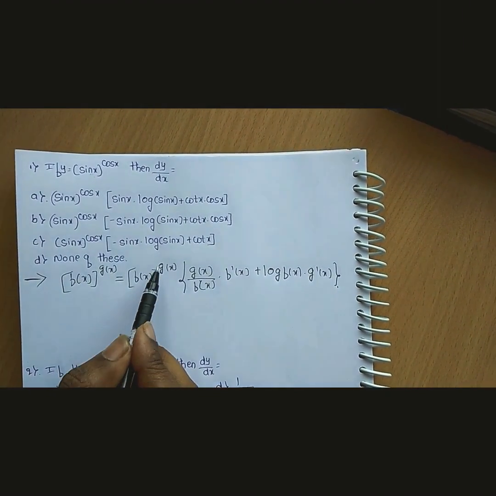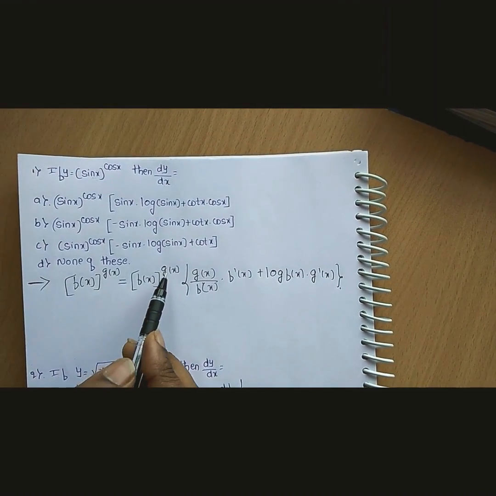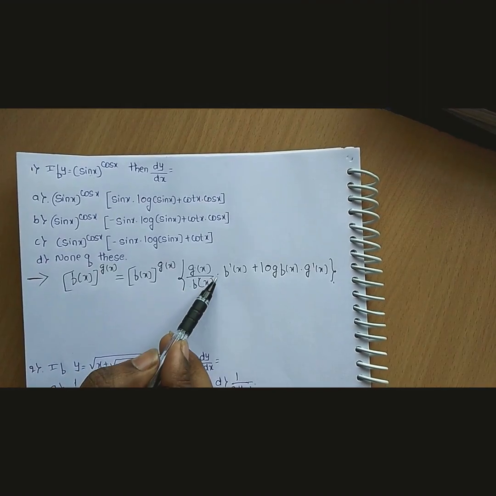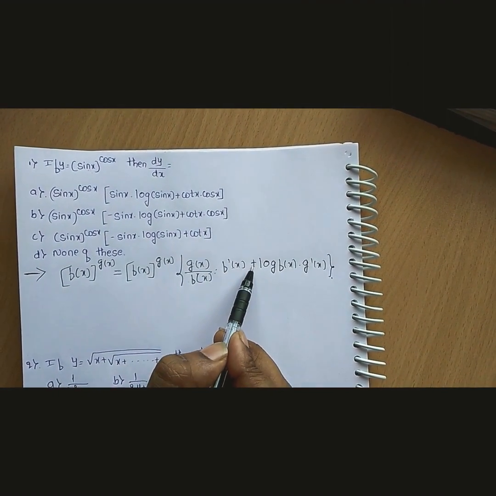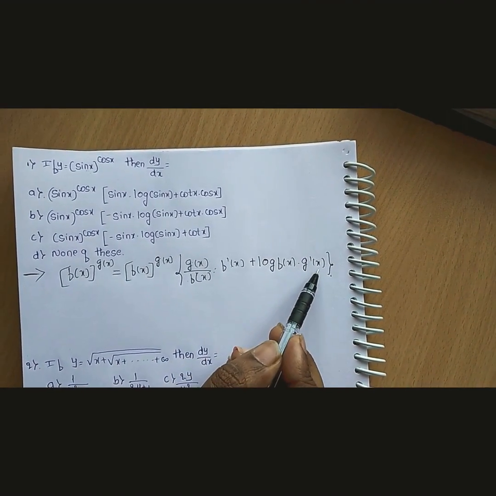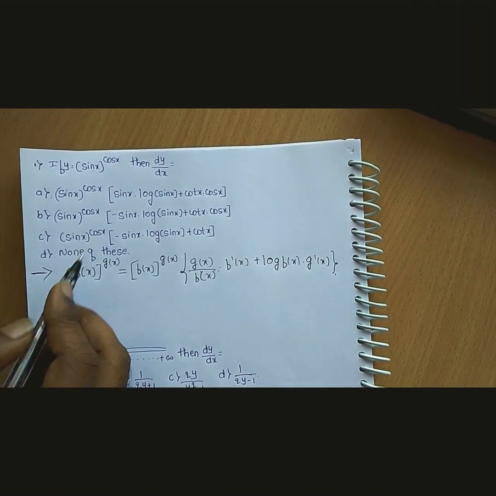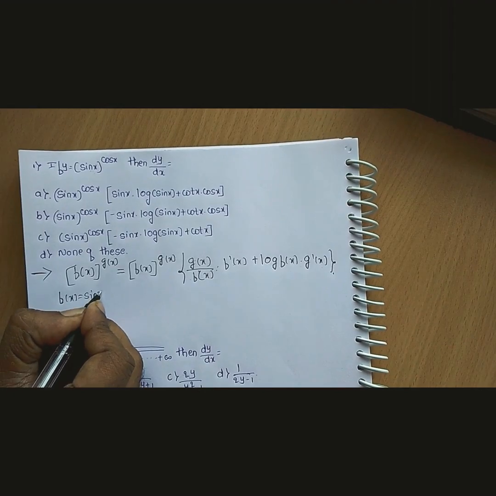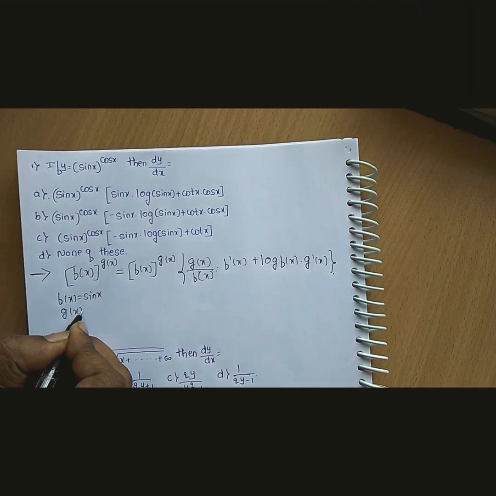If it is of the form f of x to the power of g of x, first g of x by f of x into derivative of f of x plus log of f of x into g dash of x. In this given question, f of x is sin x and g of x is cos x.